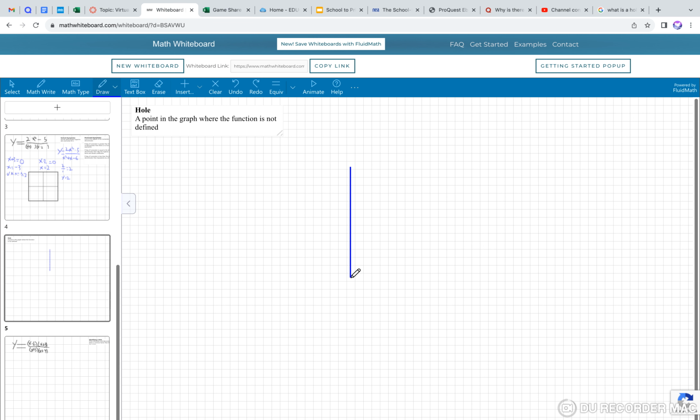But basically a hole, let's say we have a function and we have something that looks like, could just be like this. So let's say, or actually here, that doesn't work. Let's try this. Say something like this. We have a function like that.